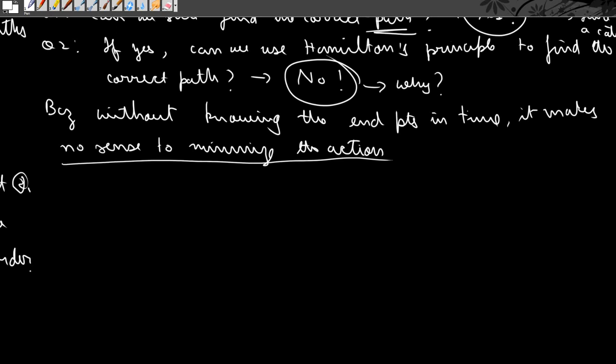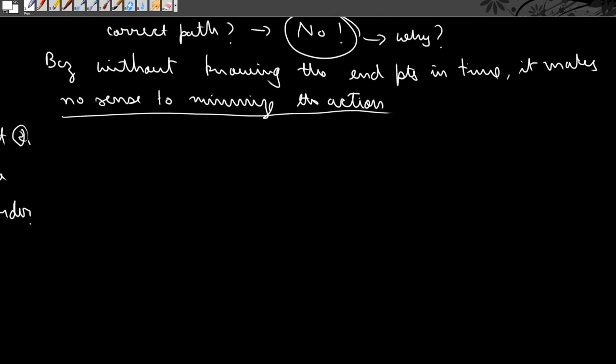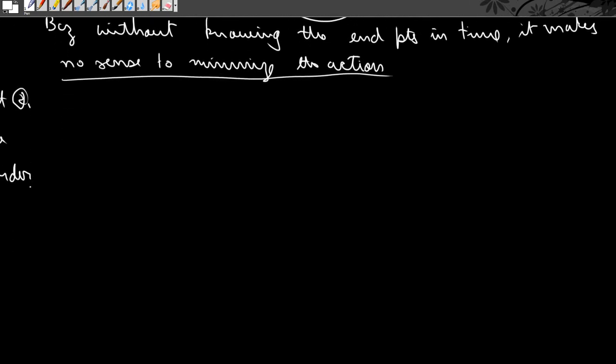Okay, so let us understand this with a similar diagram, but now just to make the diagram easier to draw, I am going to consider one dimension. So consider 1D now.